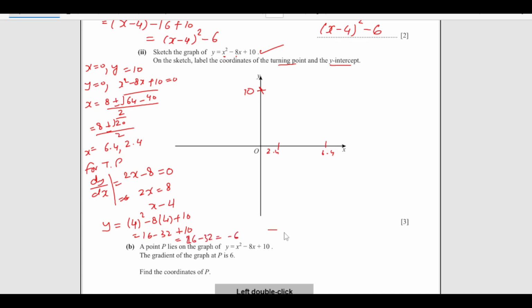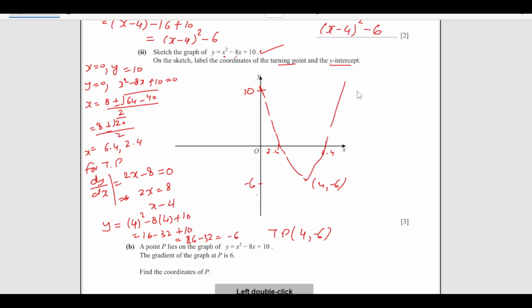So the turning point we got is 4 and negative 6. So 4 is going to be somewhere here, and negative 6 is, let's say it is here, and this is going to be our turning point, which is (4, negative 6). So that gives us, this is going to be like this.